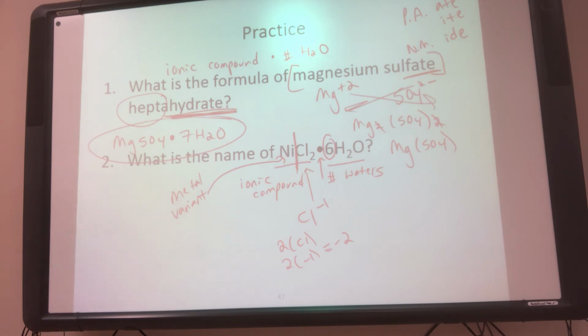So that means that my Ni, if this is a -2, has to be a +2 because there's only 1 Ni. All right, so then Ni is nickel, so we say nickel(II), put the charge. And then chlorine becomes chloride because it's a non-metal, and so it's got to end in ide.